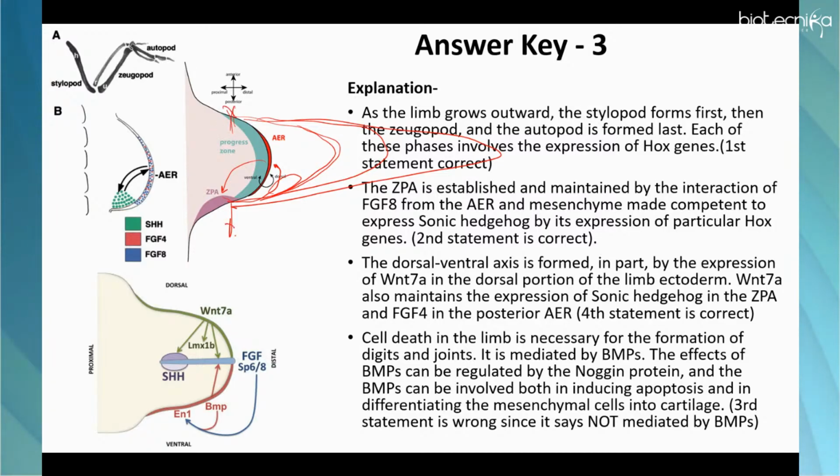You don't only want it at the proximal area. Even in the digits, if you put out your hand, your thumb will point towards the top and your pinky finger will be down. So at the tipmost end of the limb, if you take your forearm, that is the hand, there also you need the ZPA. That's how they will maintain the anterior posterior axis. Otherwise, your thumb will come out in any direction, isn't it?